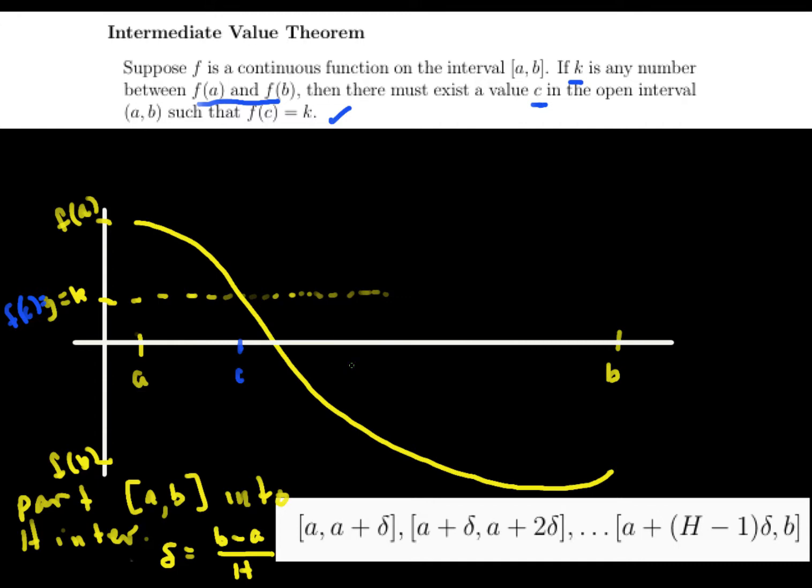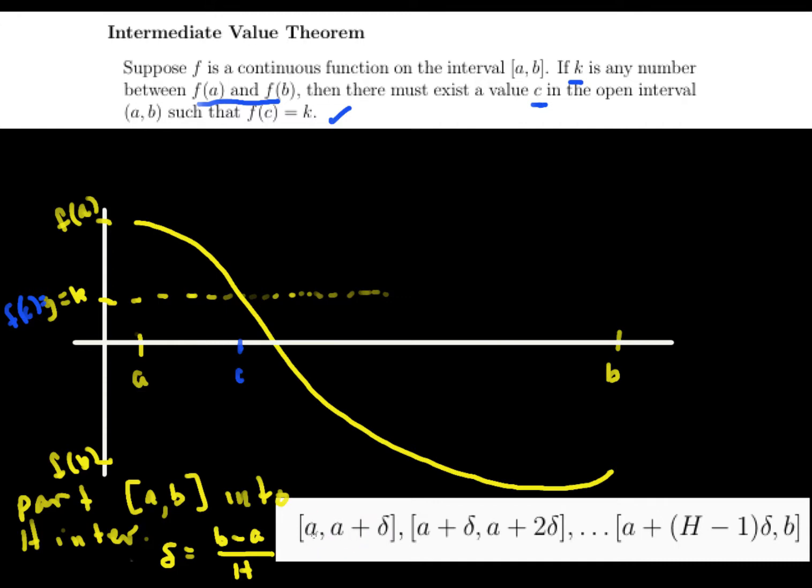Well, what does that do for me? Well, notice what we know, that k is not equal to f of a. So we know that if I evaluate the function here, it's not equal to k. Now, it's possible that when I evaluate the function at the endpoint here, I'm less than or equal to k. So I can do this test going through.